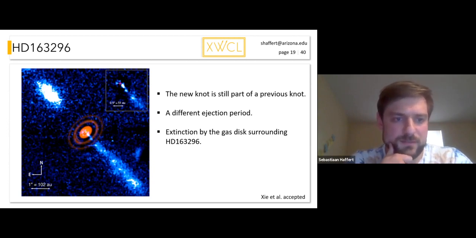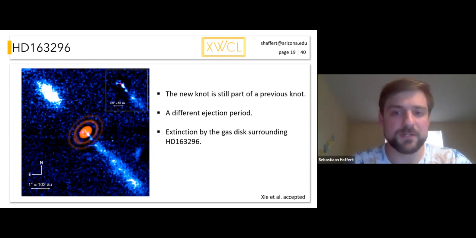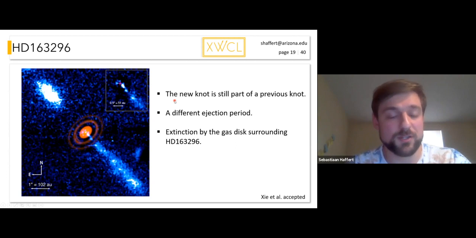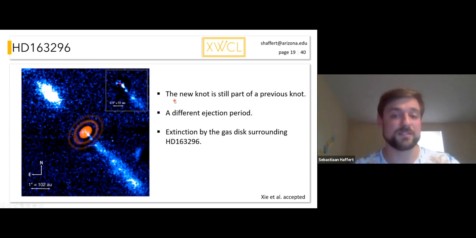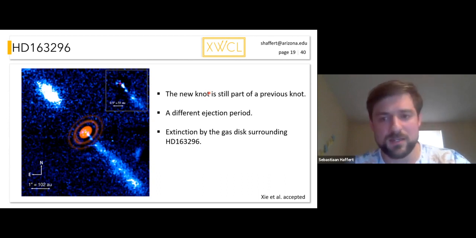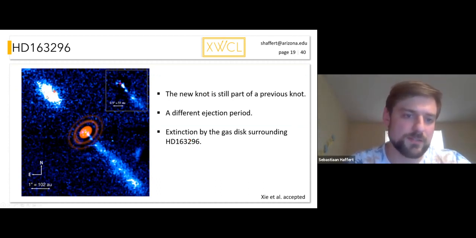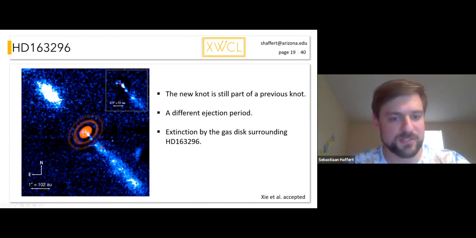So that means that either that 16-year period is wrong and there's a different ejection period, or the thing that's likely, is that this new node is still part of the previous node. And the third one is that this node is actually not a node, but just a jet that's similar to the other side. However, it's extincted by the gas disk surrounding HD 163296.